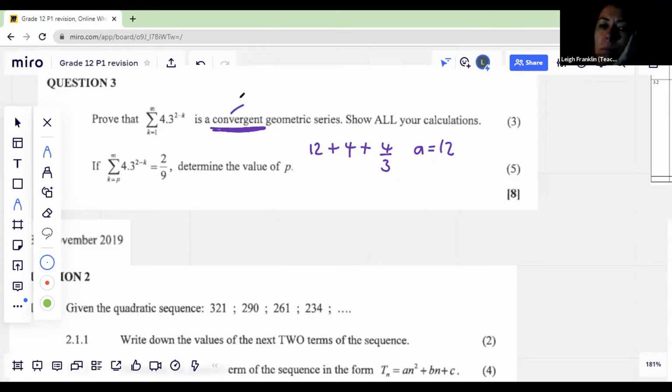Limit between 1 and -1. Exactly. So we need to show that R is greater than -1 but smaller than 1. Okay, so now your job is to work out the value of R. So either, quite right, Neopet saying, 4/3 needs to be divided by 4, or you could say 4 divided by 12.